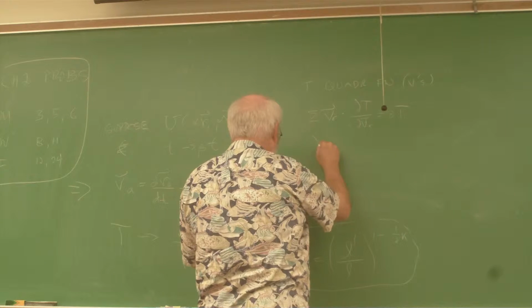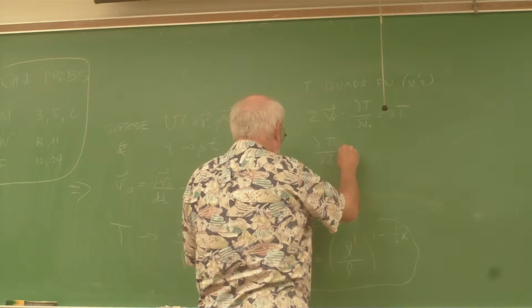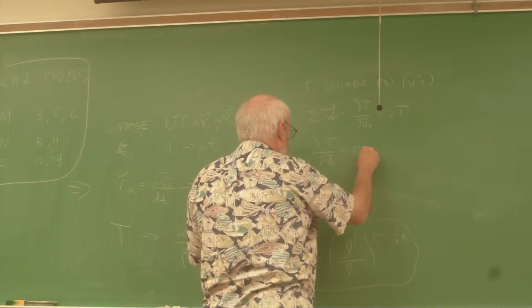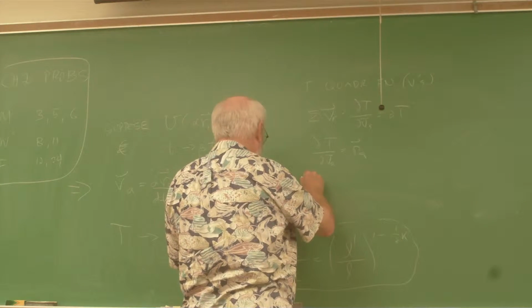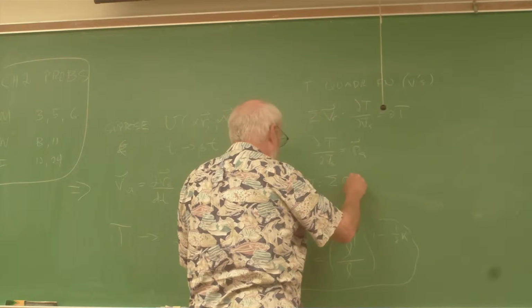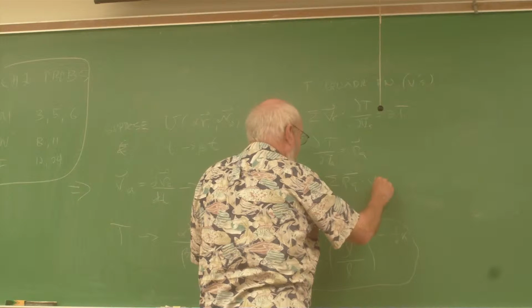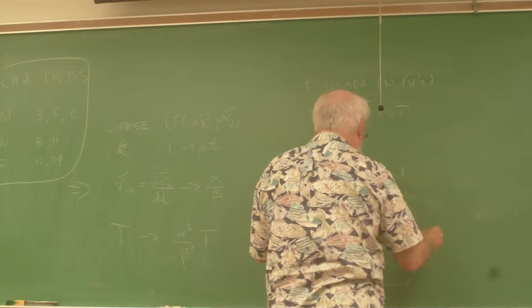And dT dVA is equal to PA. So we have 2T is equal to sigma PA dot VA is equal to d dt.